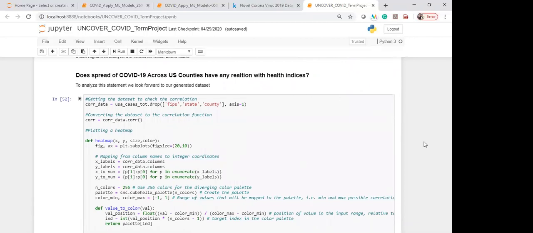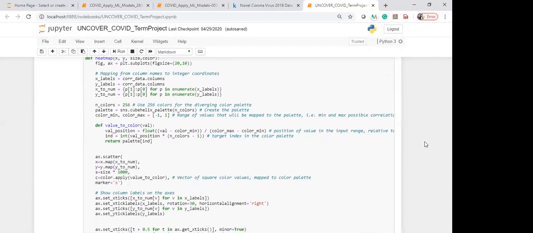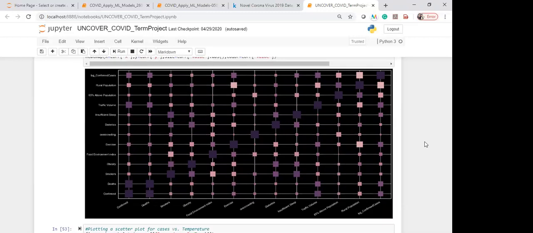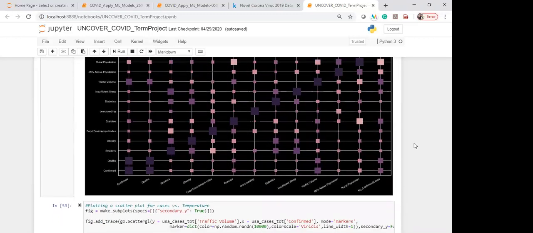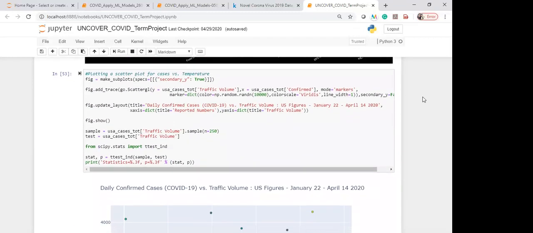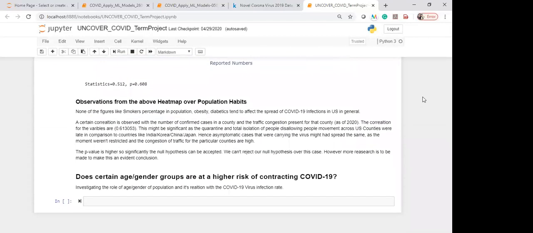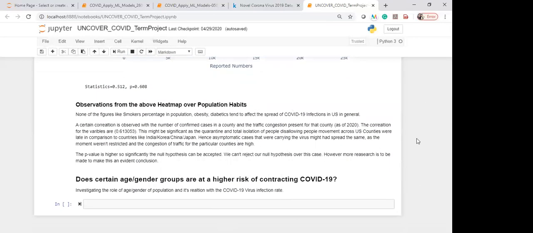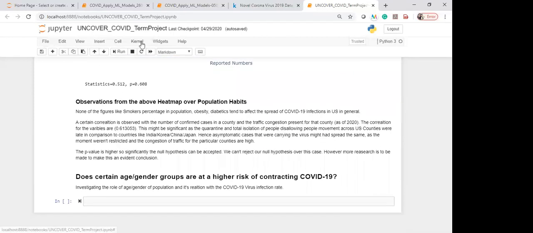And then the spread of COVID-19 across US counties has some relation with health indices. These are a few prior health indices of people affected by COVID-19, and I guess there is a relation for higher risk for people who have prior diseases. So that's about it. This is just understanding the basic facts of COVID-19.